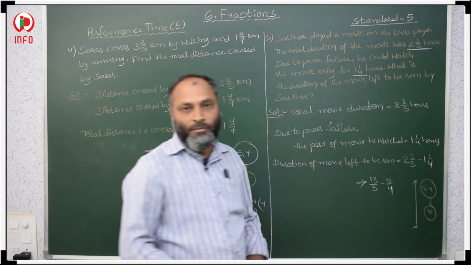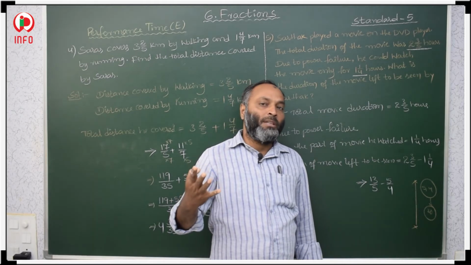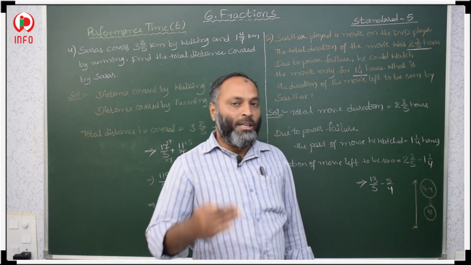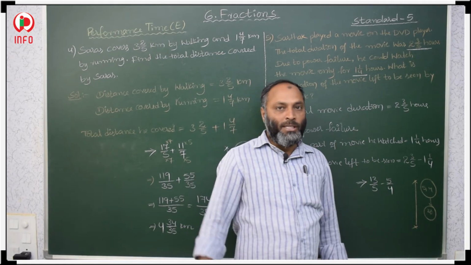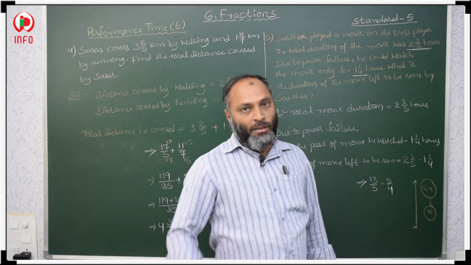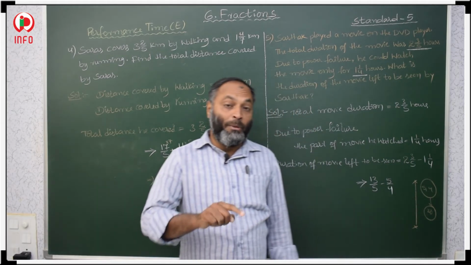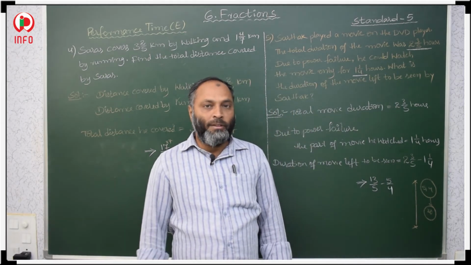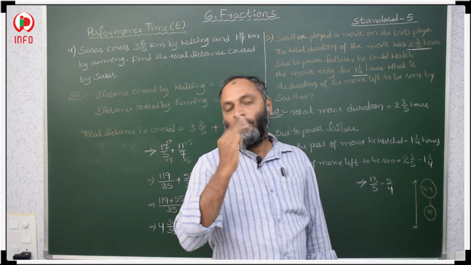When 2 prime numbers or 3 or 4 prime numbers are there, we just multiply and the product is the LCM. When 2 consecutive numbers are given, we also find the product, that is the LCM in short. Or when one prime number and one composite number are given, the product is also the LCM. These 3 shortcuts you have to remember.